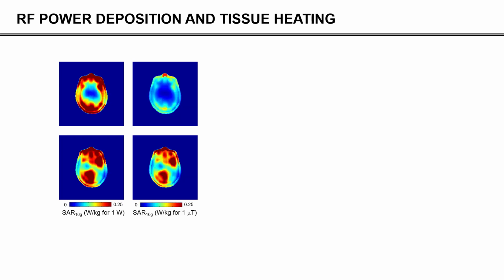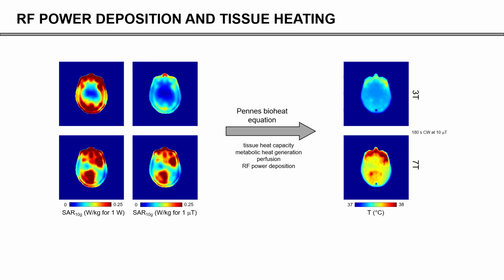So you have your SAR maps, and then what you need to have is a bioheat equation, which then takes into account the tissue heat capacity, the metabolic heat generation, perfusion, blood flow, etc., and of course your RF power deposition. And then you can actually calculate a temperature map for a given RF load.